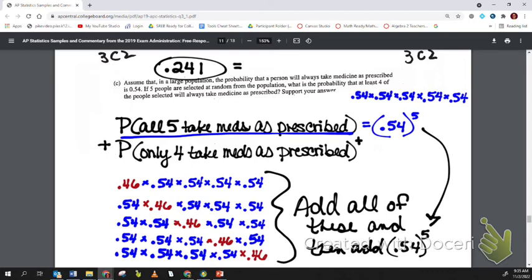It's equal to the probability of at least 4 people take their meds correctly.